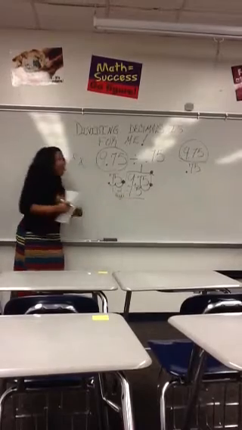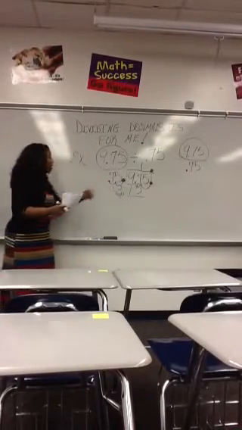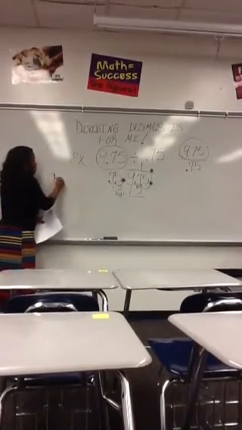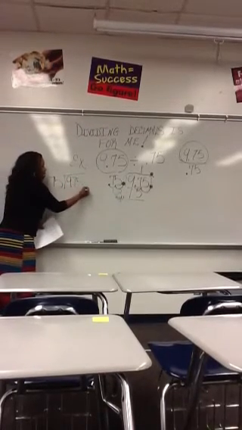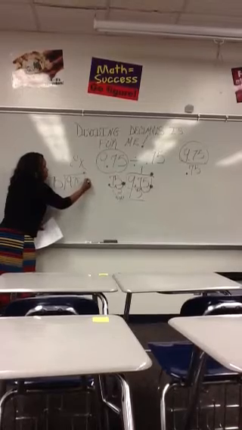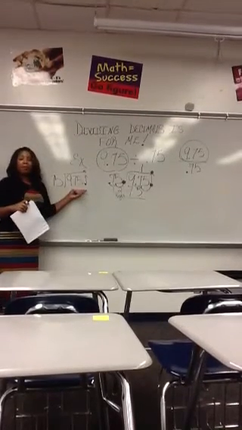So look, now I have a regular problem. Essentially what I'm doing is 975 divided by 75. That's what my new problem looks like.